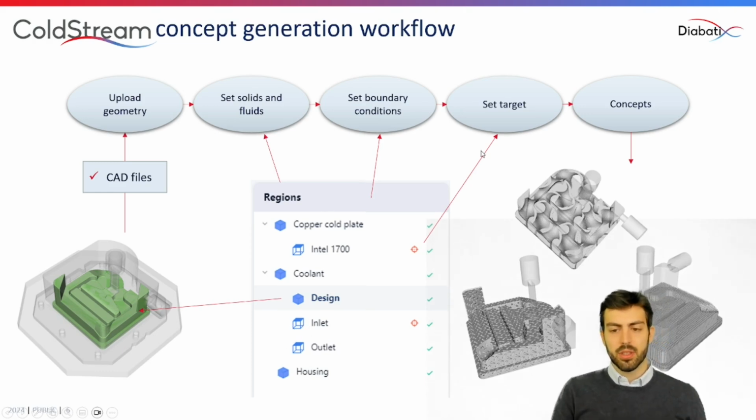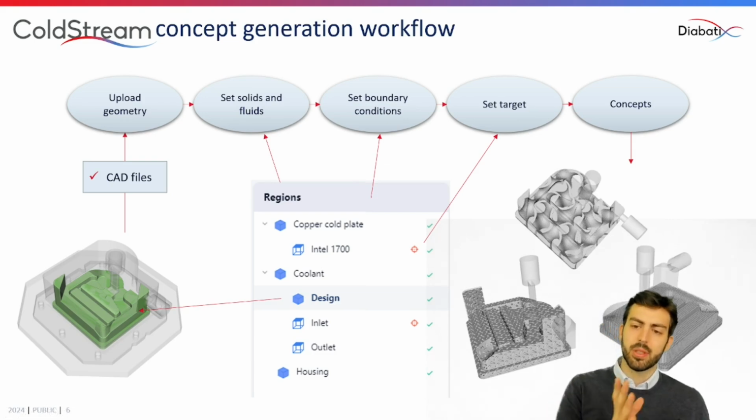Then you just hit the button and ColdStream will generate a lot of concepts, hundreds of concepts in a few hours. You press a button, you can go get a coffee, and when you're back, you already have 1, 2, 3 designs ready. These designs you can just download as STLs or STEP files.